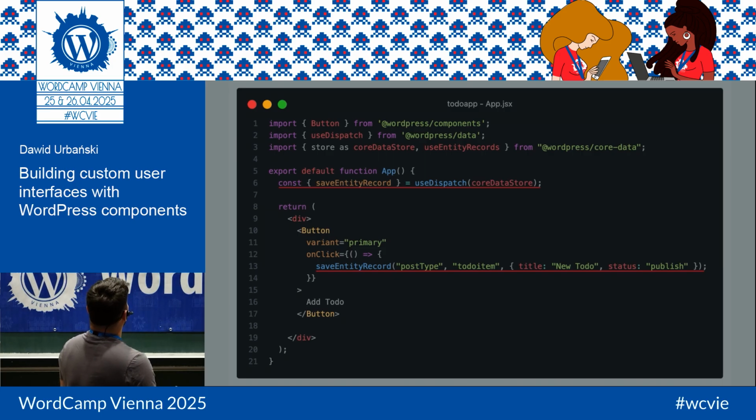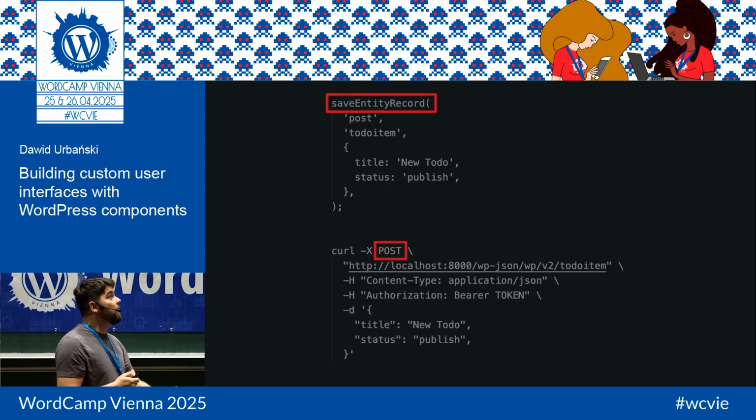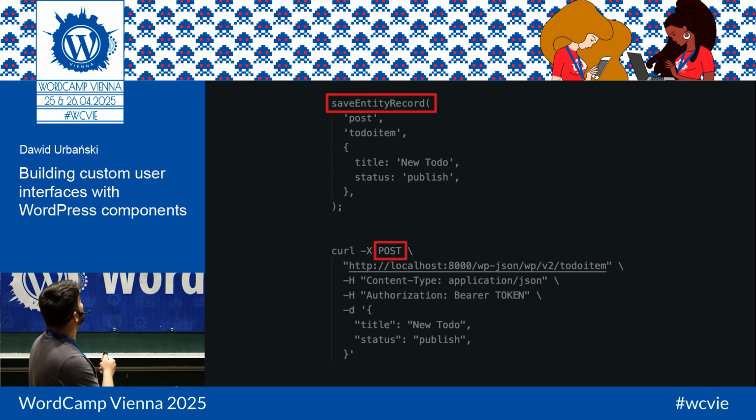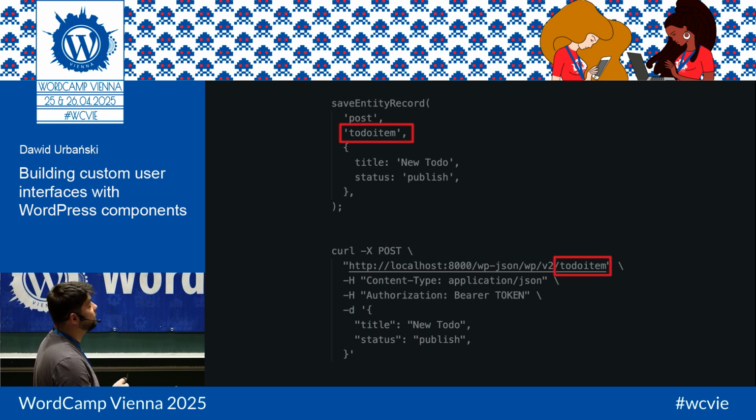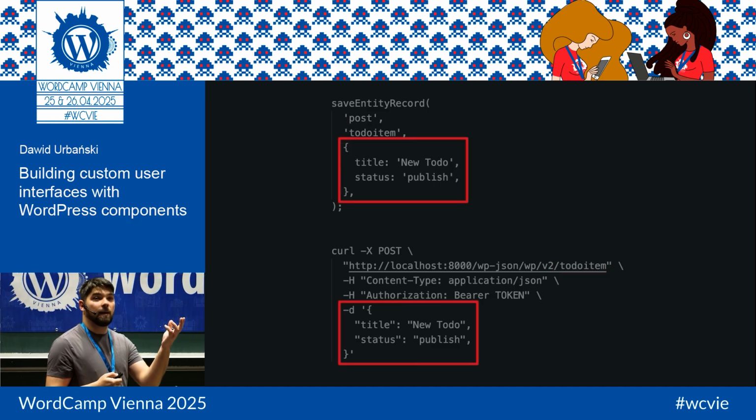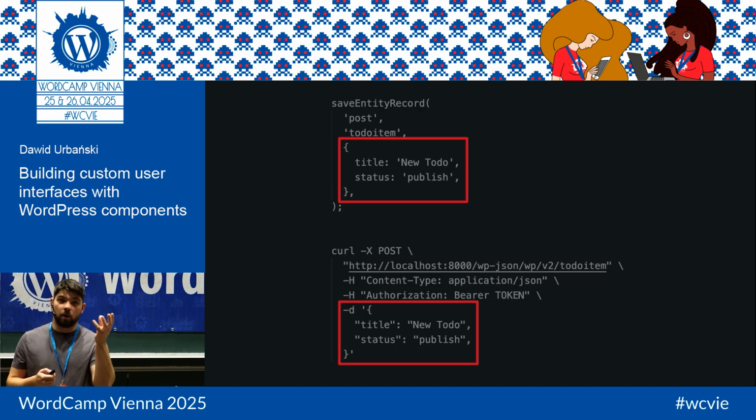So, save entity record, what it does, if you don't know about WordPress data package, it will do two things. Under the hood, when you call it, it will literally call a WordPress REST API for you under the hood, and it will just save entity record calls post endpoint, and then to do item custom post type will call it to this URL for the custom post type, and this payload will be just pushed as data to the REST API endpoint again for us under the hood.